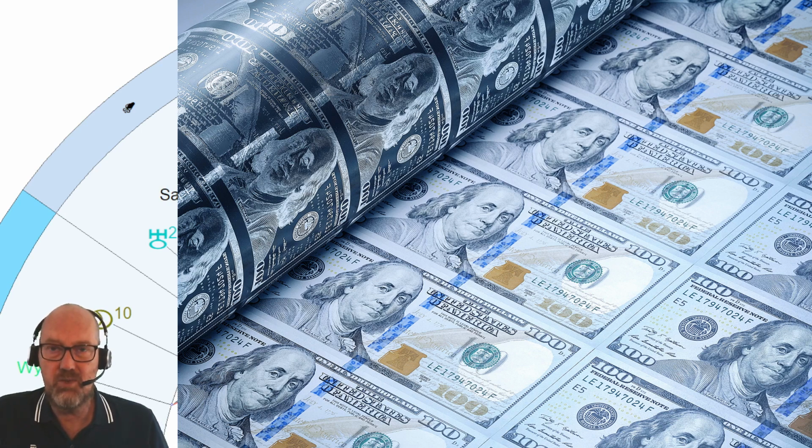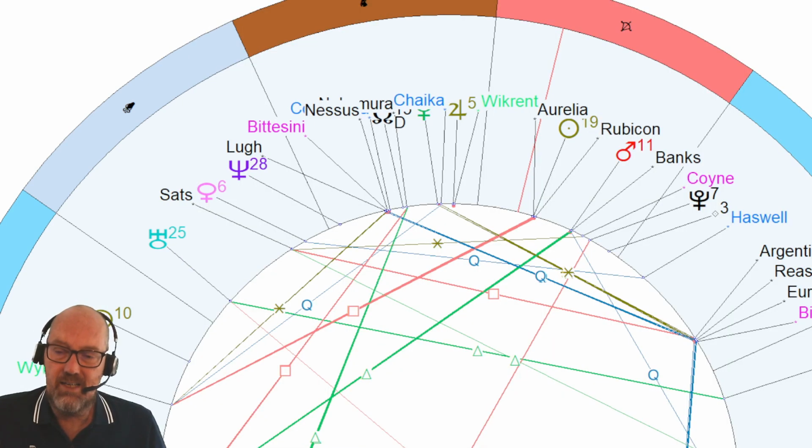Central banks killer, which is in line with Satoshi Nakamoto's philosophy, of course. And we see the victim right conjunct Mars. Banks are history as far as Bitcoin is concerned, and Coin is also well placed there, right in the middle of the Mars and Pluto conjunction.